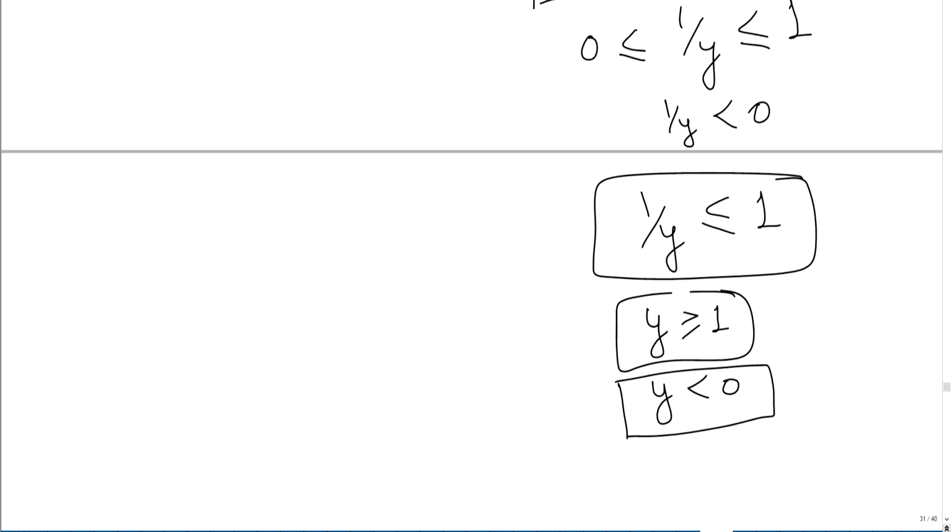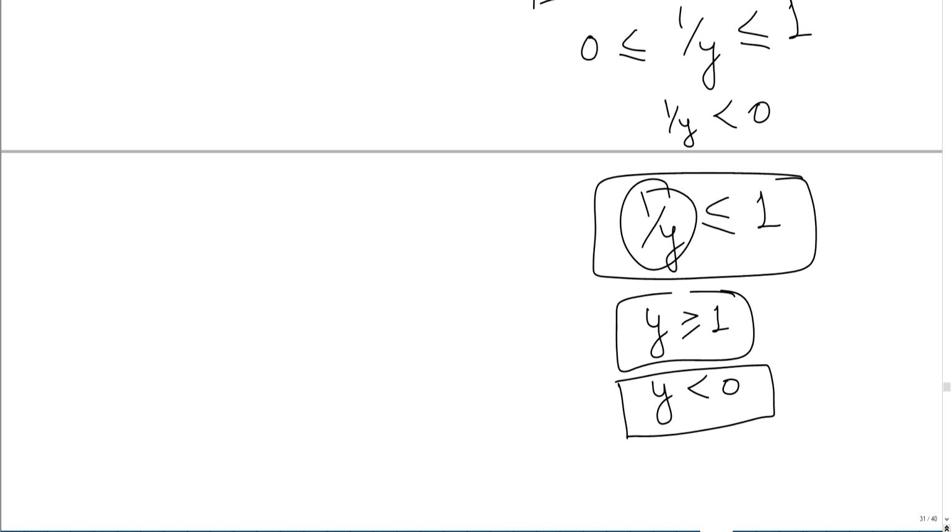This inequality will hold when y is greater than or equal to 1 and when y is less than 0. Why will this hold for y less than 0? When y is negative, then this thing would become negative. So this is less than or equal to 1, right.